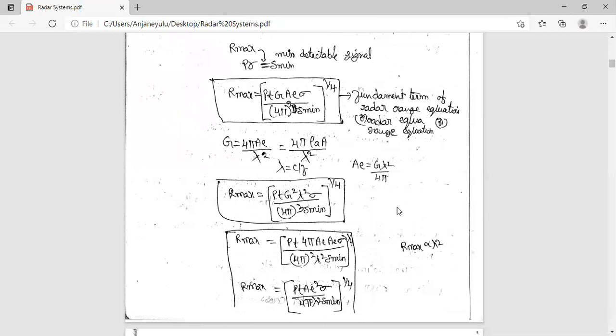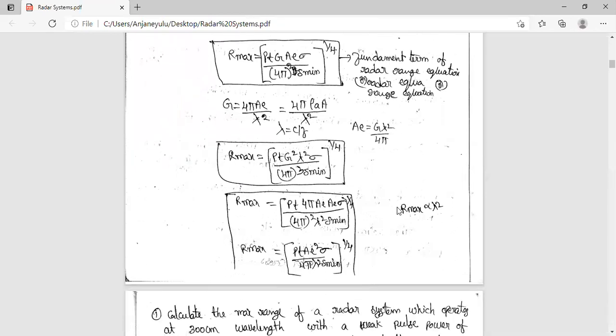Next, R maximum equals P_T into G into A_e by lambda squared. If you substitute in place of G the value 4 pi into A by lambda squared, then you get this expression as the resultant equation.